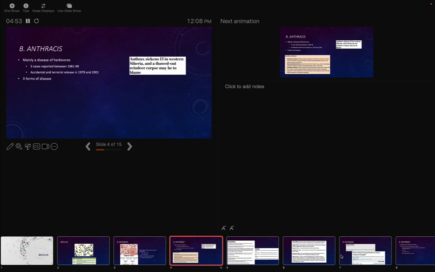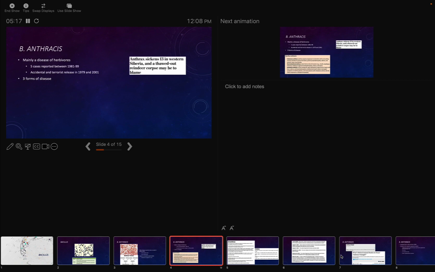Now, this is not a brand new infection. Bacillus anthracis has been around forever. And it's normally a disease of herbivores like cattle. In the US, there were only 5 cases of anthrax reported in people between 1981 and 1999.